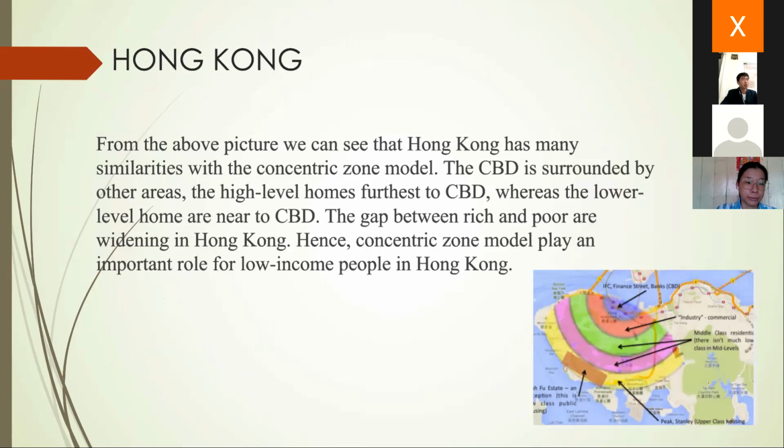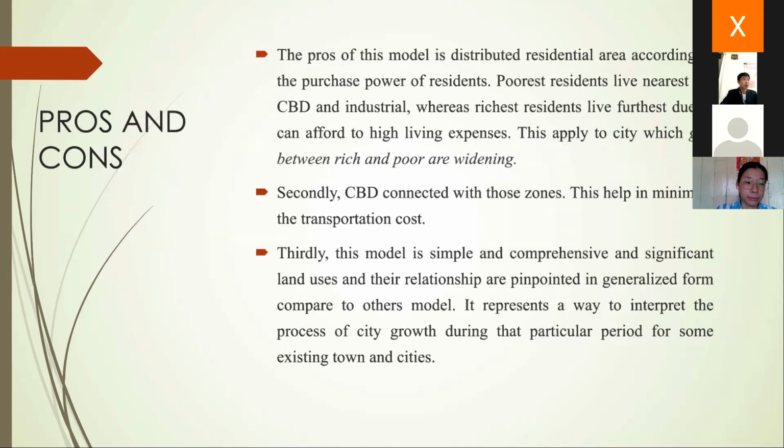The gap between rich and poor is widening in Hong Kong, since the concentric zone model plays an important role for lower income people in Hong Kong. So now I am going to talk about pros and cons.